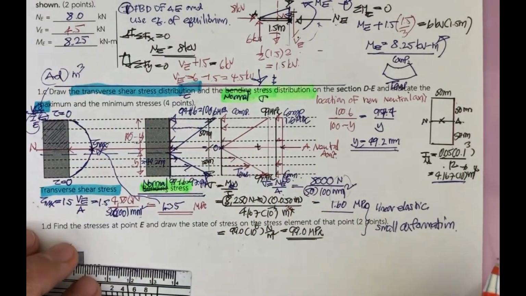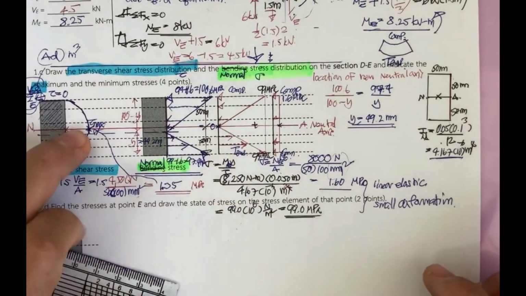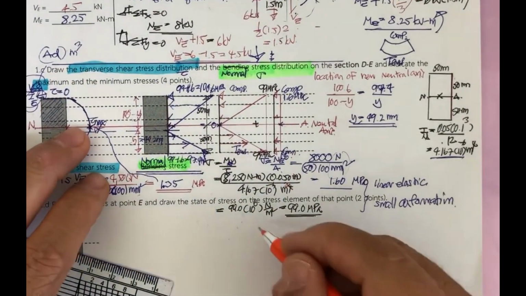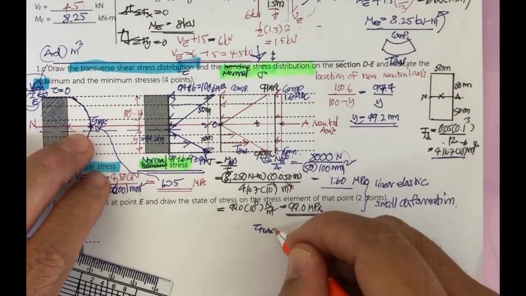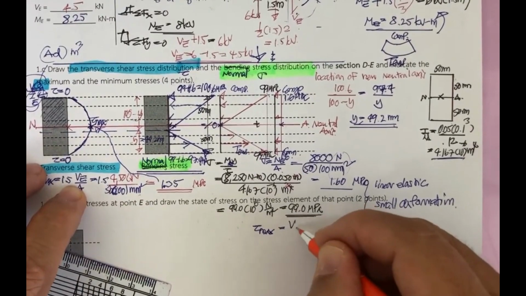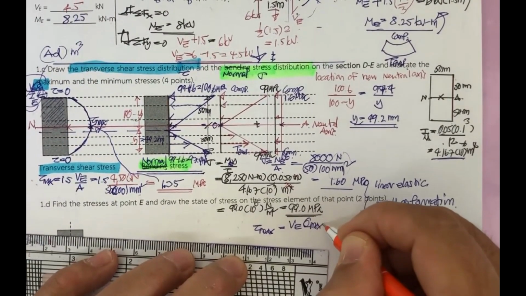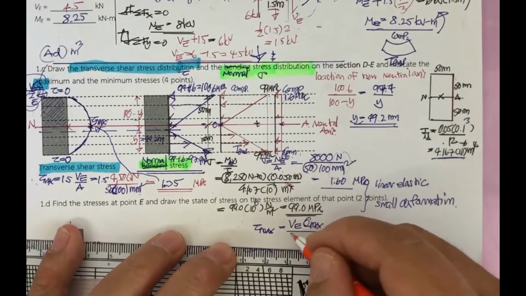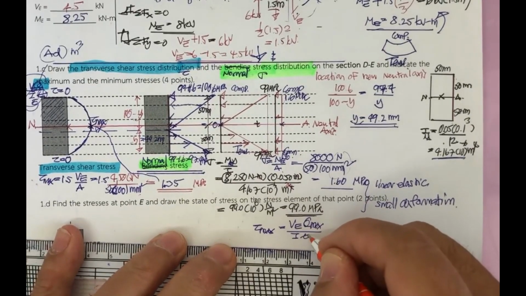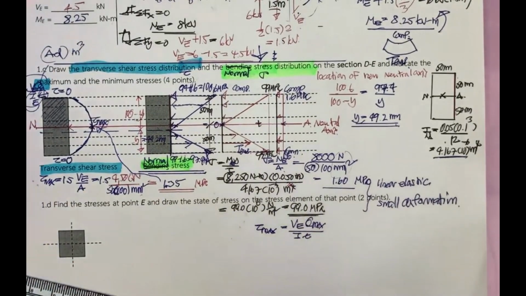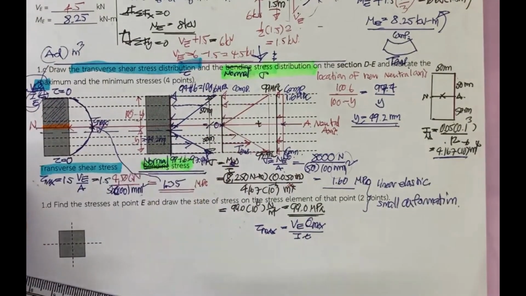Okay, teacher, if I use this equation to find this, how can I do it? Okay, don't worry. Tau max will form from V sub E, and then it will come from Q max divided by I and then the thickness t. The point we are looking for produces the maximum Q again here.